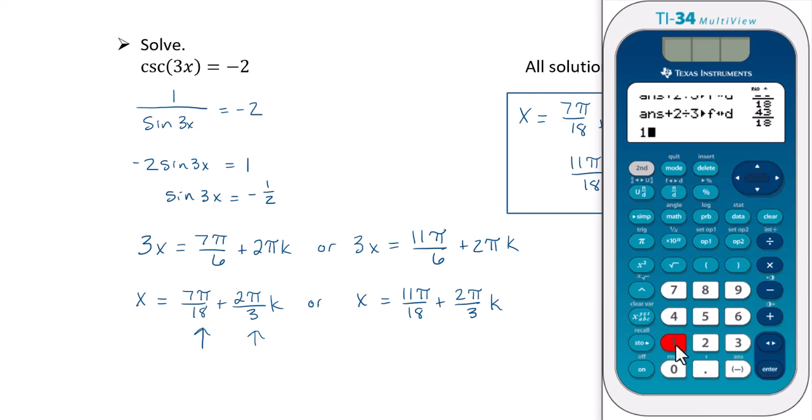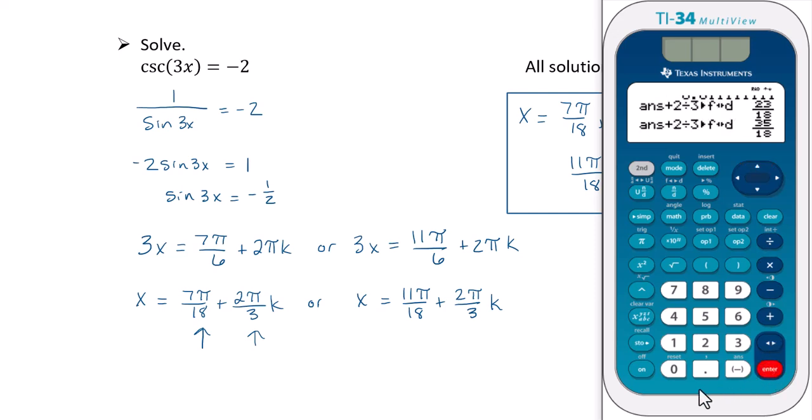Then I have my 11/18 pi. Just go ahead and hit enter. Remember, we're not going to use the pi, we're just talking about the fraction part of this. And I'm adding 2/3. Remember to convert that to a fraction. And there's your next angle of 23 pi over 18.